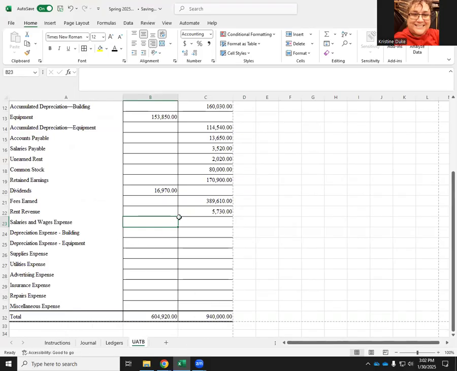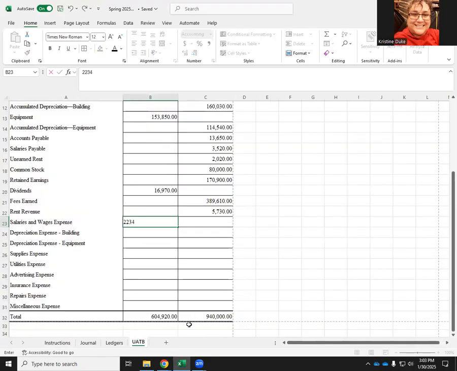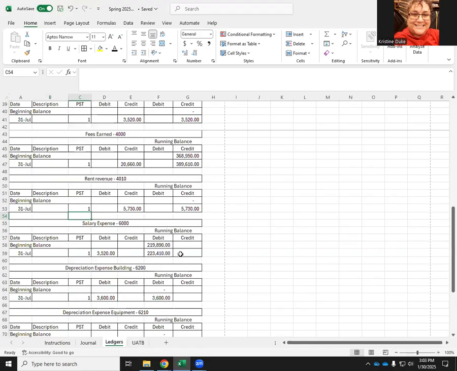So it better equal 940,000. Salaries and wage expense, 223,410. Depreciation. We didn't have that, so that one's going to be 3,600. That one's 3,120. I just know it because I know those had a zero balance.